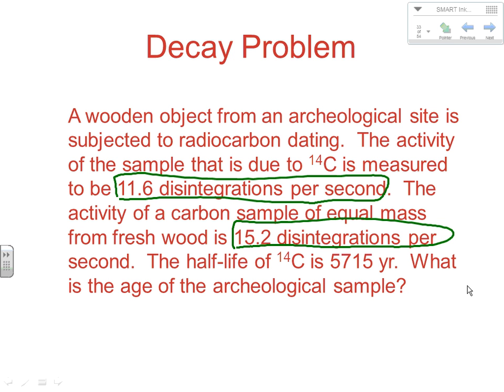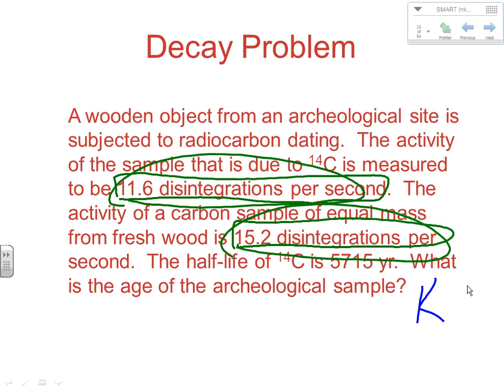Whenever you see this, that means do what? Think about what I just talked about. Whenever you see the half-life, that means find K, because we're going to need to know K to answer the question. So what is the age of the archaeological sample? So this is how fast it's disintegrating right now. This is how fast it really should be disintegrating if it was a fresh piece of wood.